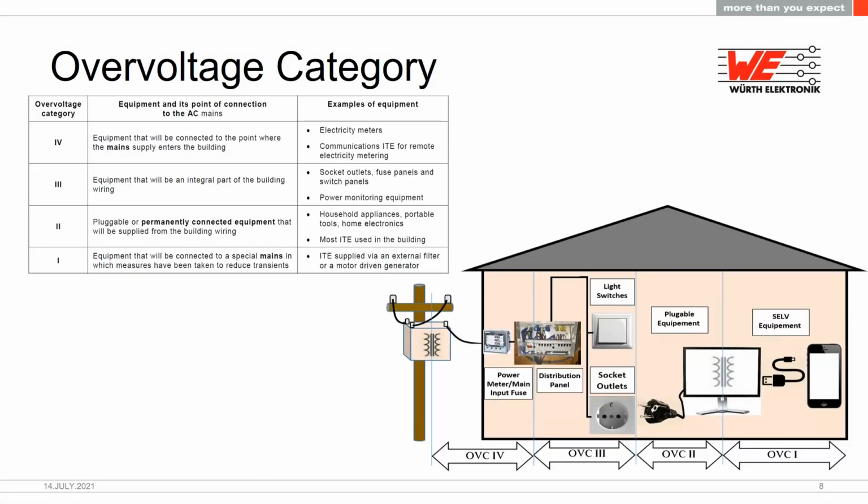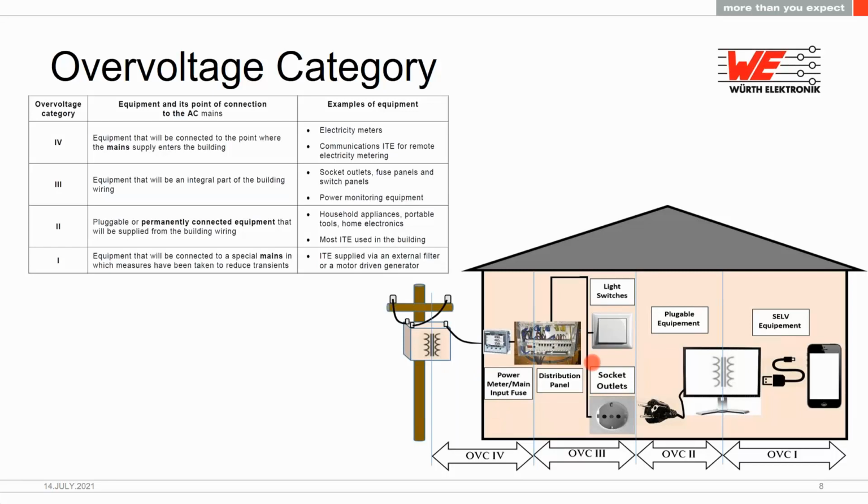The next piece of information that's important for the Wurth engineers to know is the overvoltage category. The overvoltage categories are listed by Roman numerals 1 through 4. Quick examples are shown here in the figure, with overvoltage category 4 maybe being the electricity meter located outside of your house.